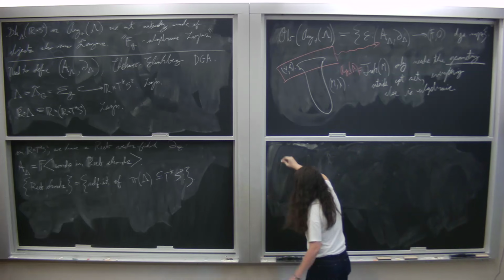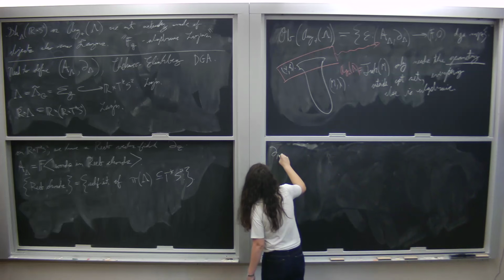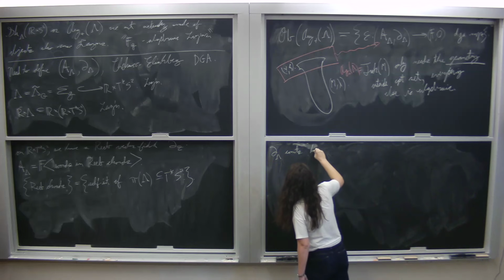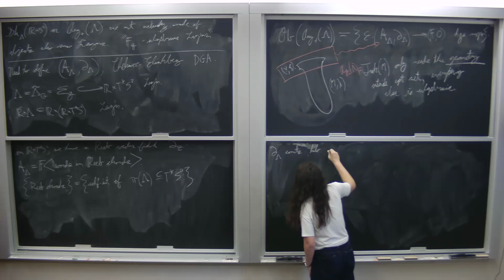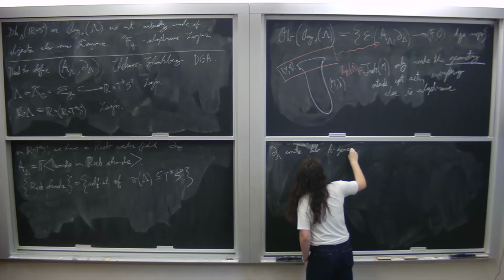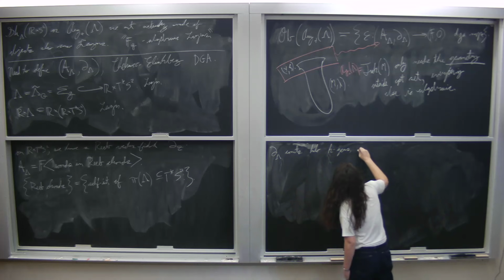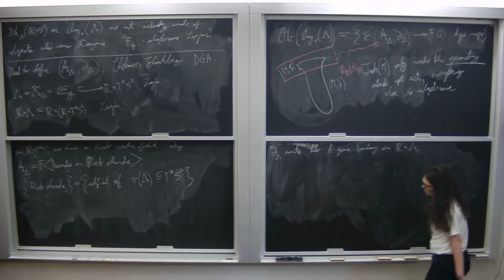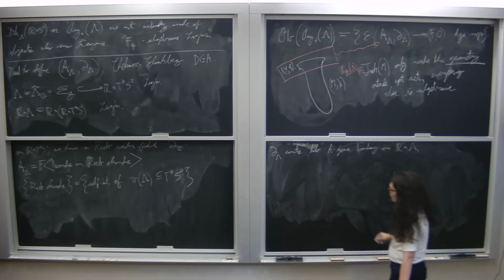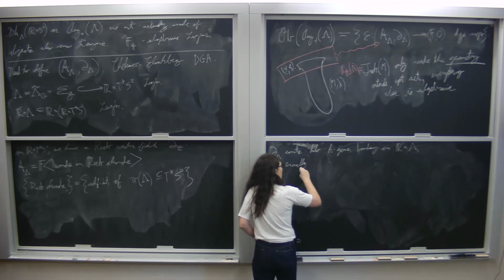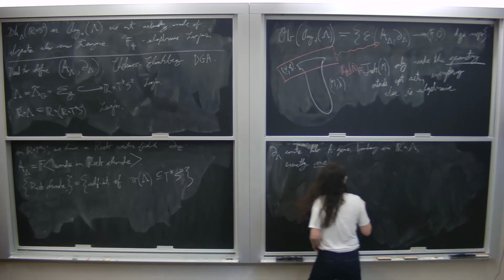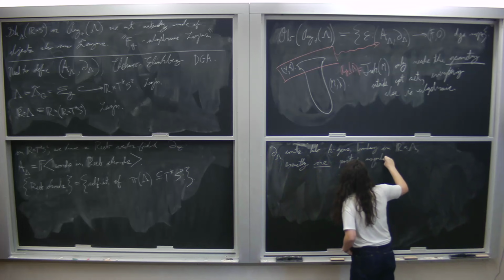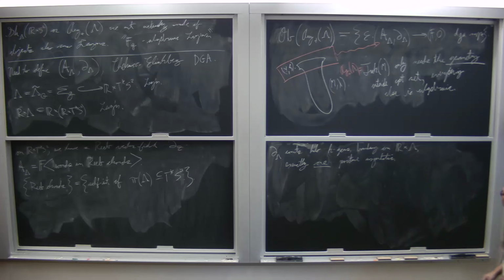So for the differential, what we do, the del lambda counts, I'll say, pseudoholomorphic curves with boundary on R cross lambda, and I'll say exactly one positive asymptotic.